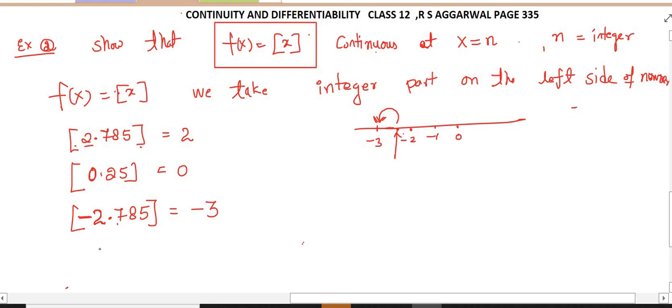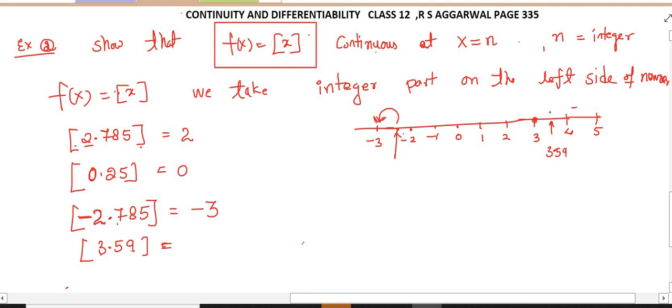Say you have 3.59. If this is the number and I want to represent it on a number line, it will come like 1, 2, 3, 4, 5. So this 3.59 will fall somewhere here, correct?